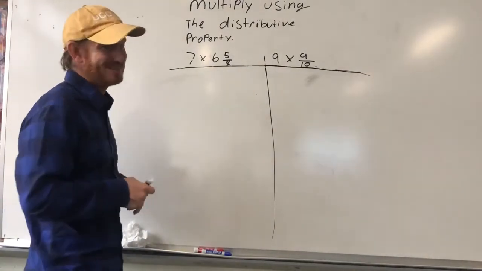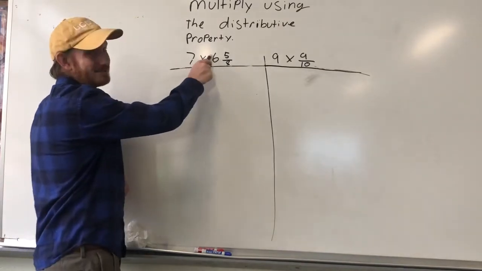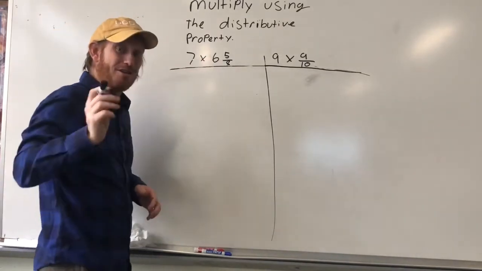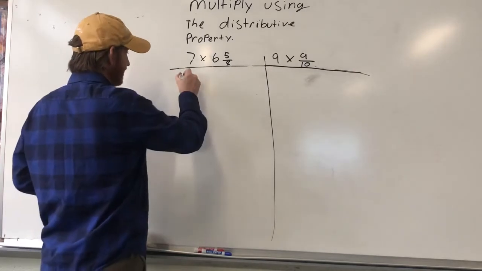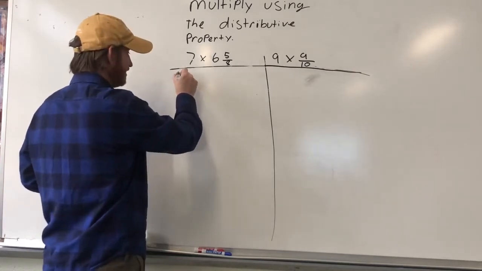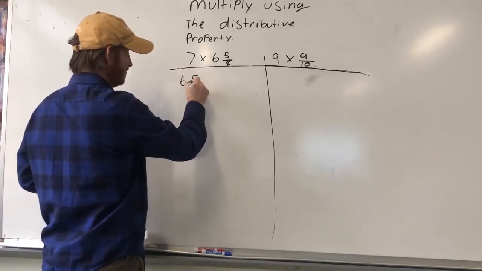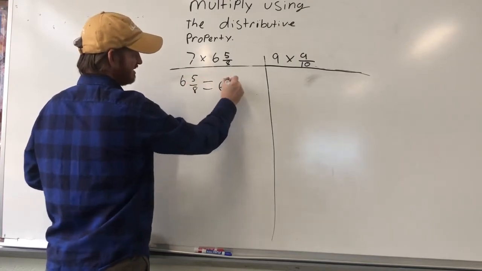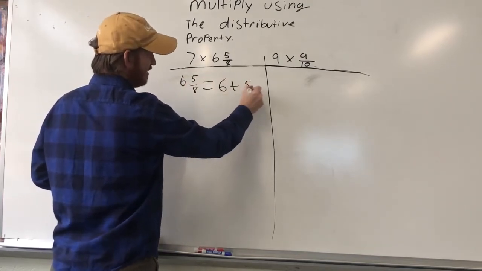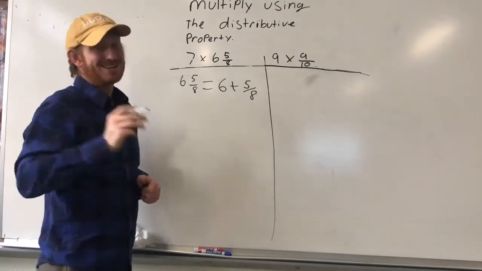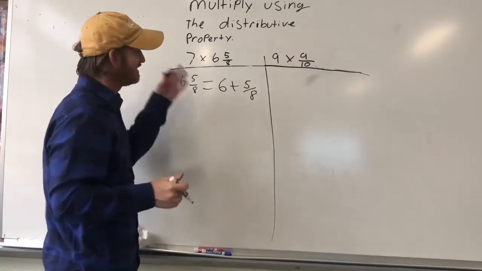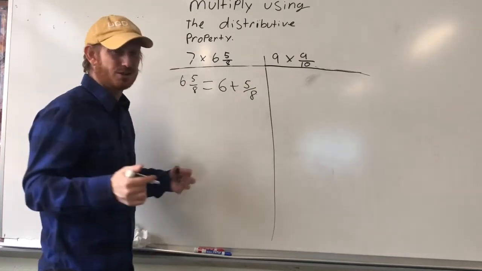Our first problem says 7 times 6 5/8. The first thing I'm going to do is break down my 6 5/8 into 6 plus 5/8. That's going to help me use the distributive property to make this problem even easier.